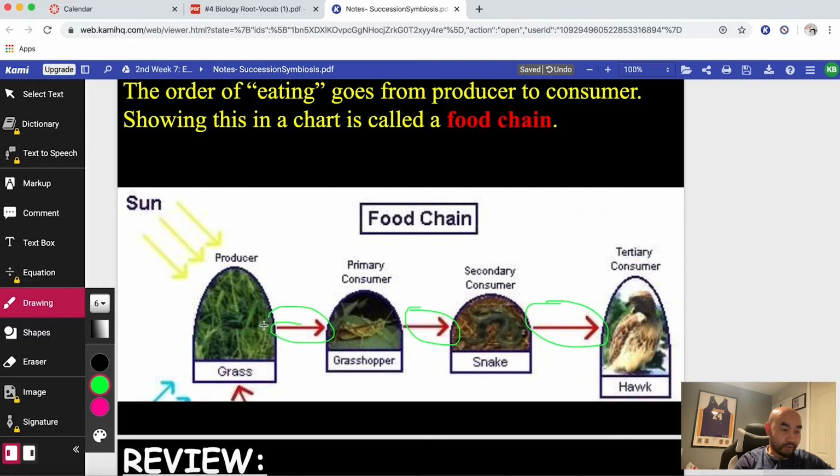We said the arrow points in the direction of energy transfer. For example, the energy from the grass would then go to the grasshopper. And what do we call the grasshopper again? Yes, it is a primary consumer, and an example of a primary consumer would be an herbivore because they eat only producers. And then you have the snake.